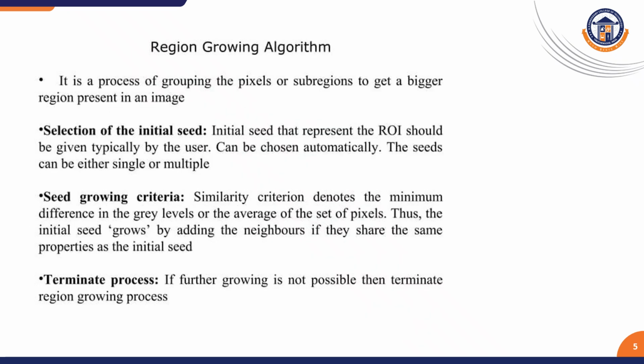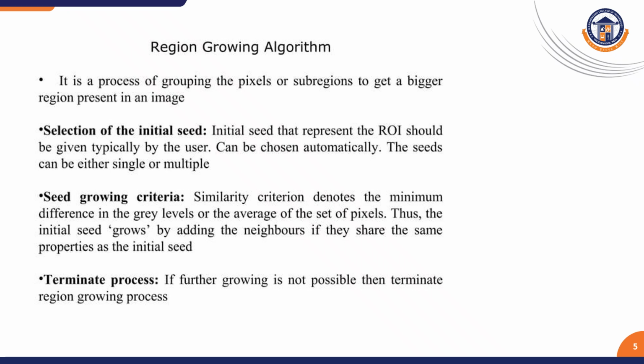Next is the region growing algorithm. The steps of the region growing algorithm are given here. It is a process of grouping pixels or subregions to get a bigger region present in an image. The first step is the selection of the initial seed, next is the seed growing criteria, and then terminating the process. First, the initial seed is selected that represents the region of interest, typically given by the user. It can also be chosen automatically. The seeds can be either a single pixel or multiple pixels.